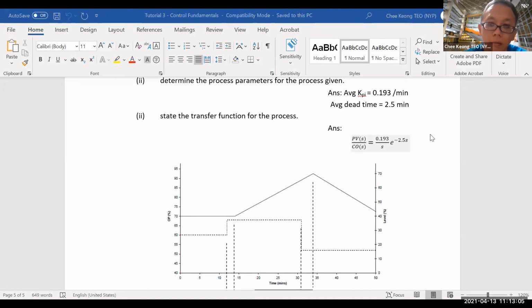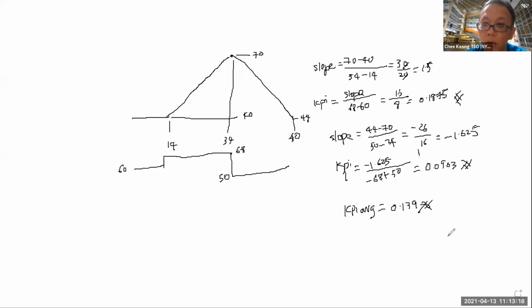It's about there. Let me check again. 0.139. So maybe you can counter check for me.